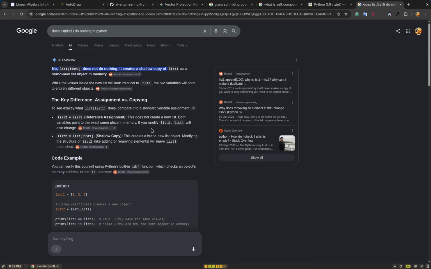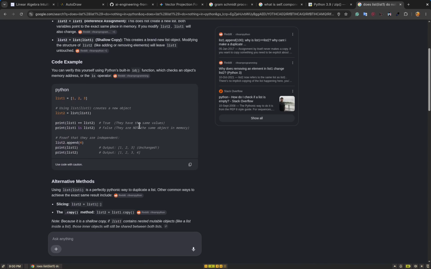It's not the case that both variables point to the exact same object, where if we modify list2, list one will also change. Modifying the structure, like adding or removing, won't affect list one, so it creates a shallow copy. They have the same values, list one is equal to list two, but they are not the same objects.